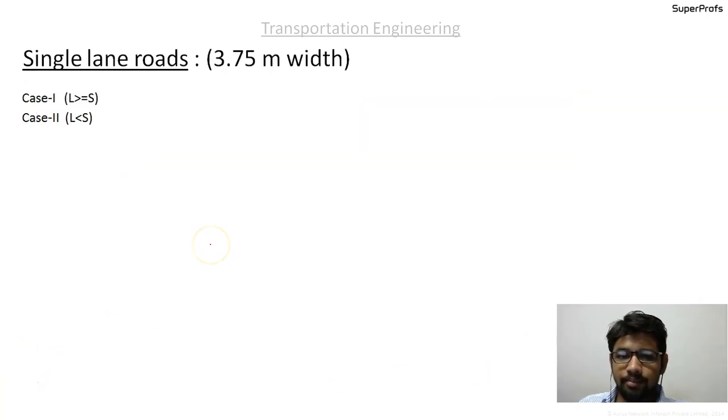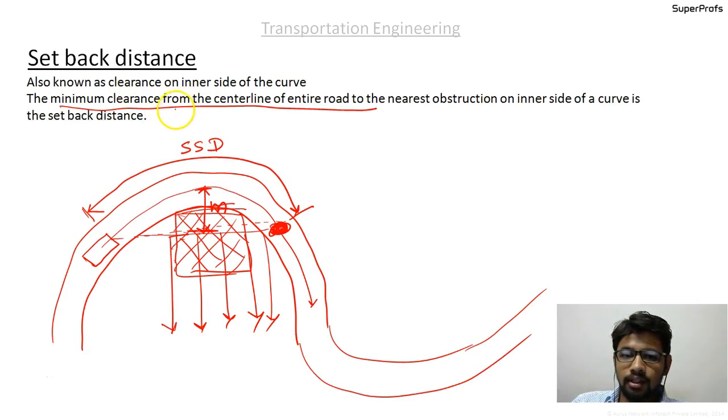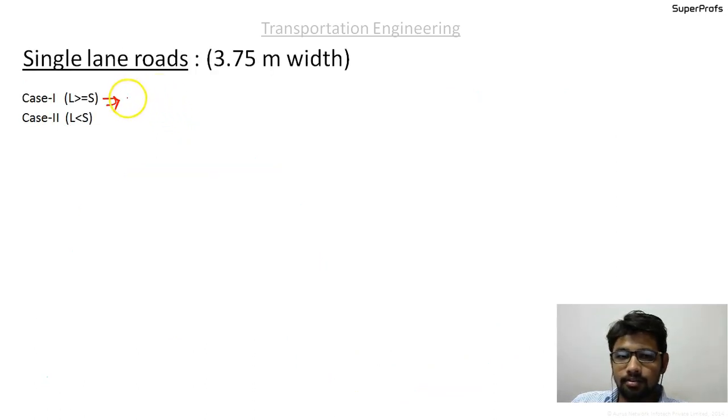As far as setback distances are concerned, there are two major cases. In the first case, the length of the curve is greater than or equal to the required minimum sight distance. Please write it down.